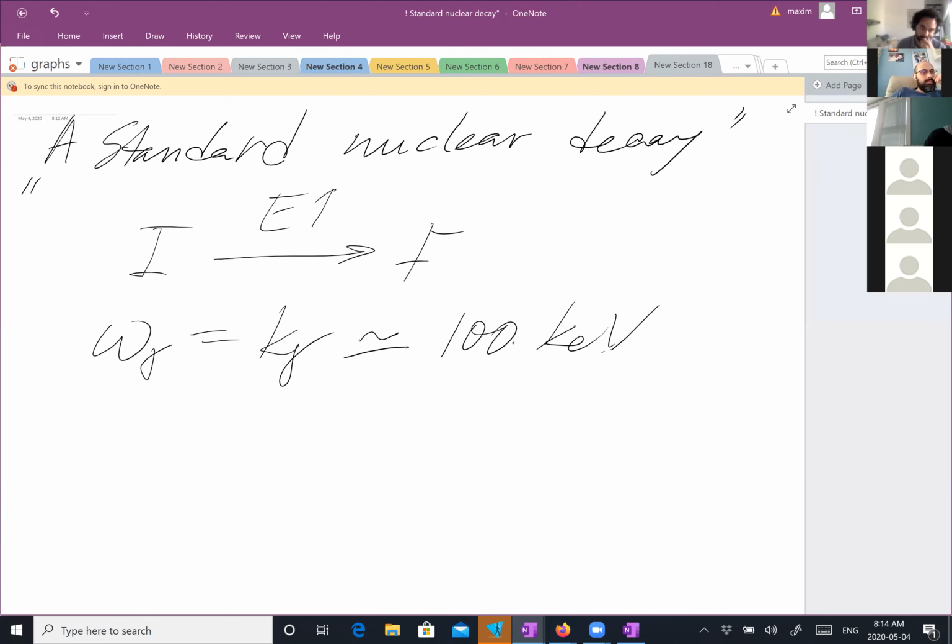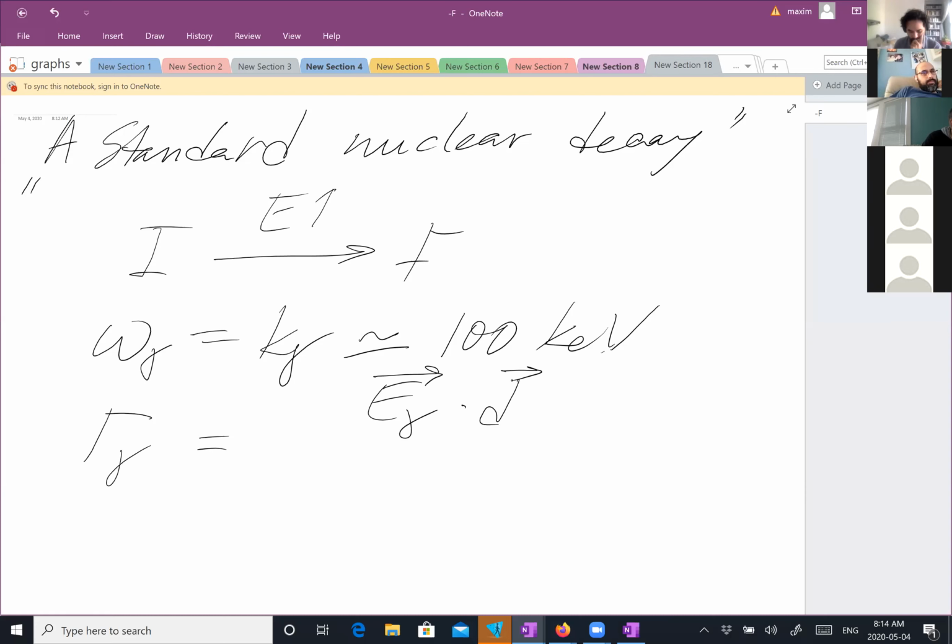Then the decay rate, if we consider an E1 decay, would be, well, the interaction comes from the electric field of a gamma interacting with the operator of the electric dipole inside this nucleus.